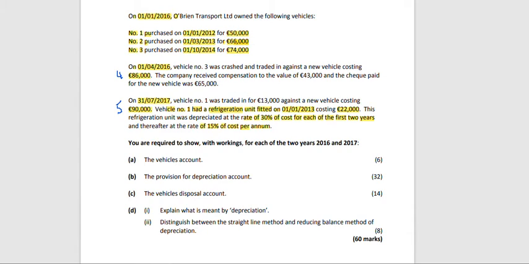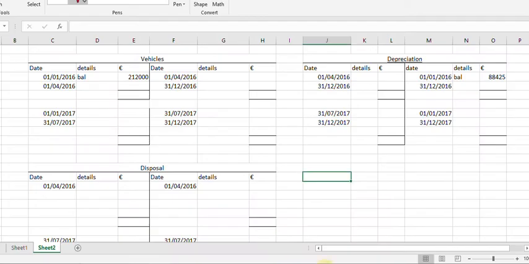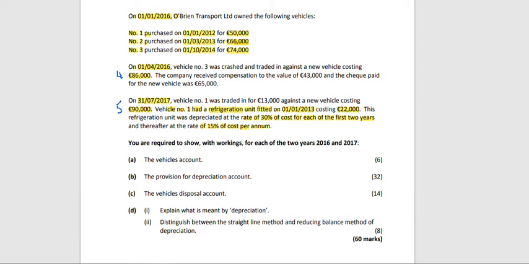So let's go ahead and fill those details in. First of all, in the vehicles account we will have disposal of vehicle number 3.